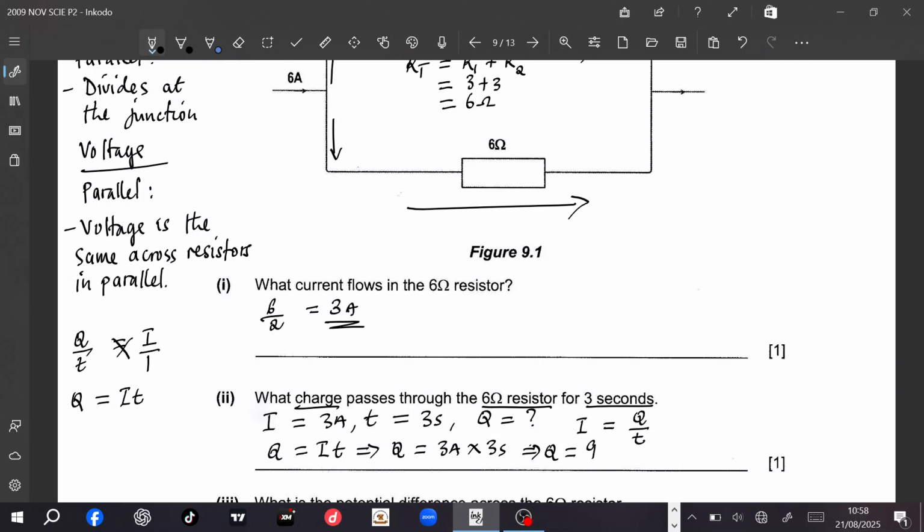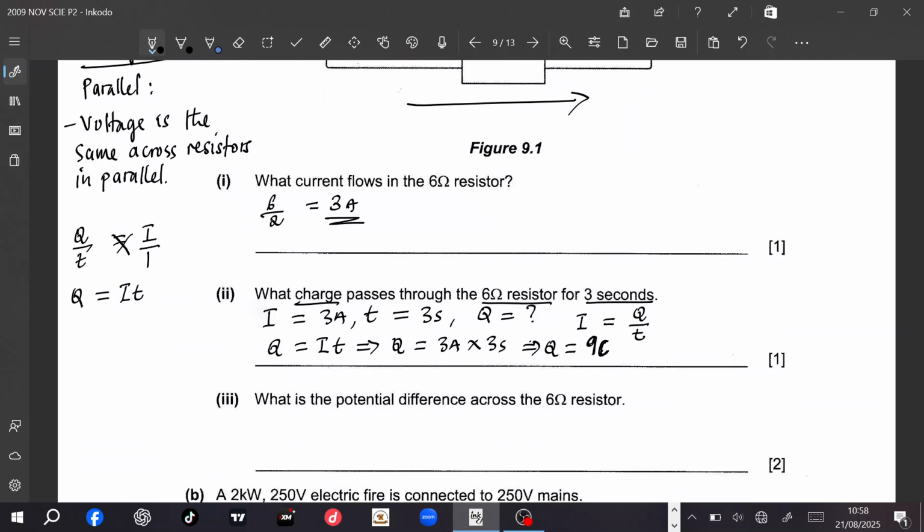If I just put 9 here, it will not make meaning to anyone. But if I put capital C here, it will mean that this 9 can be read as 9 coulomb. So what is 9 coulomb? 9 coulomb is a charge. So this is the answer there. So you move on to the next question.